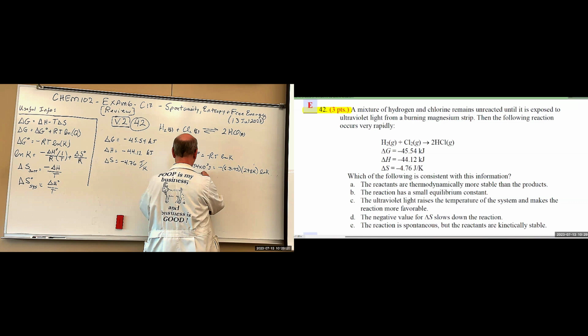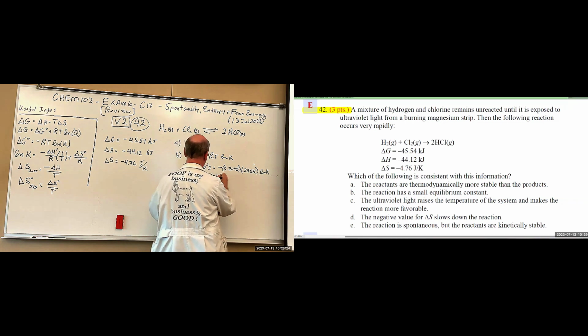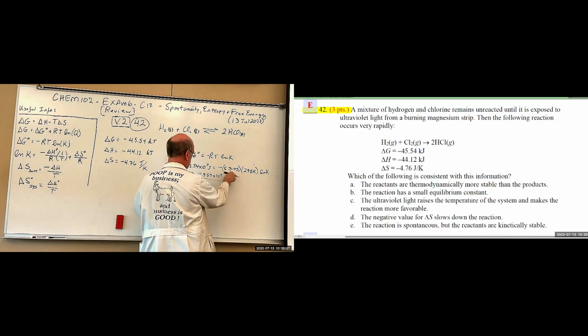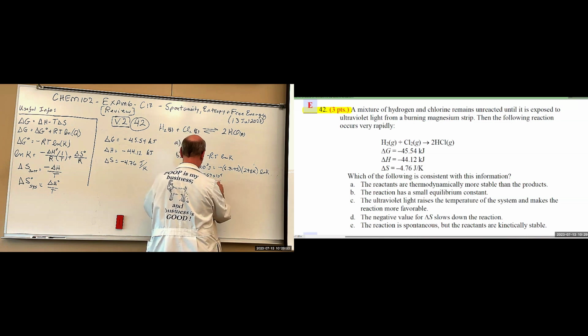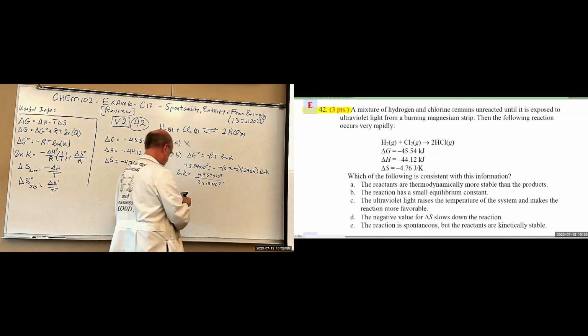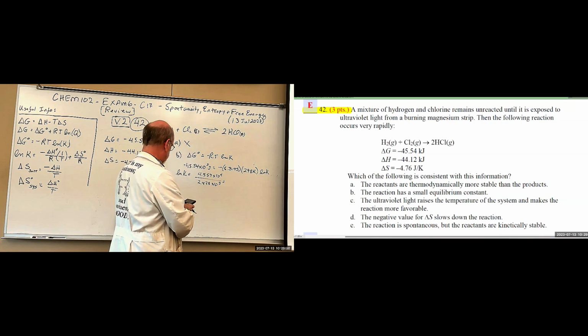It's 0.554 times 10 to the fourth, this number, divided by this product, 2.478 times 10 to the third. There we go. So let's do this. 4.55.